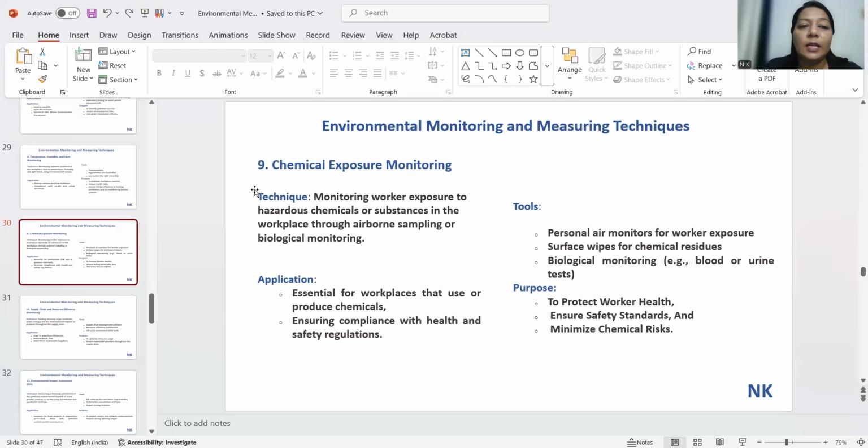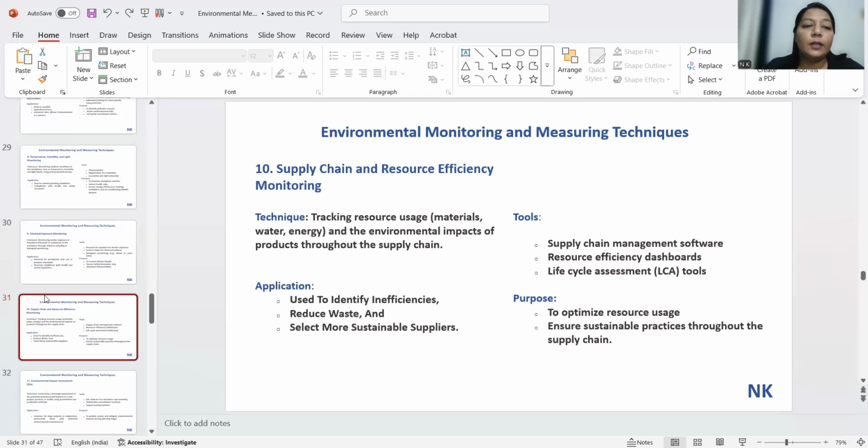The next point is supply chain management. This is a technique for tracking resource usage, material, water, energy, and environmental impact of products throughout the supply chain. The application is used to identify inefficiencies, reduce waste, and select more sustainable suppliers.